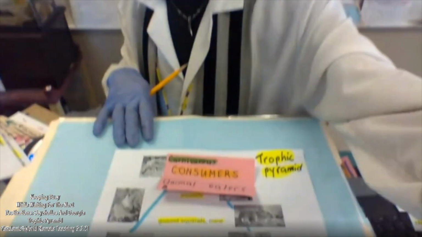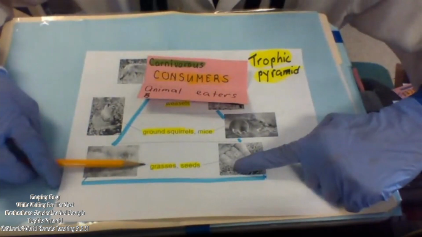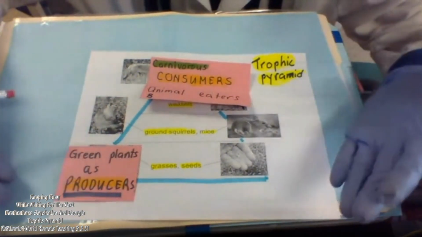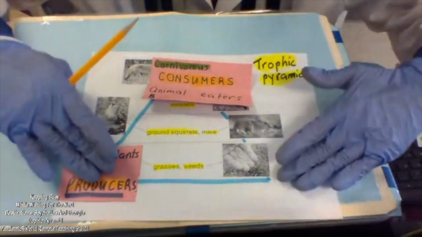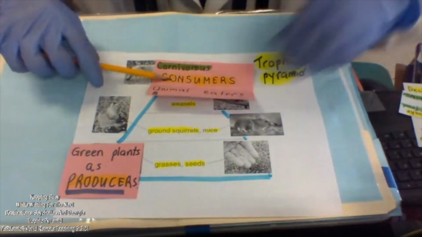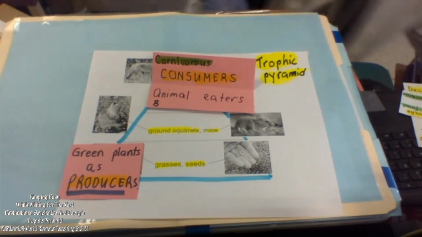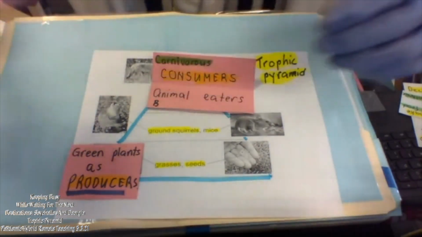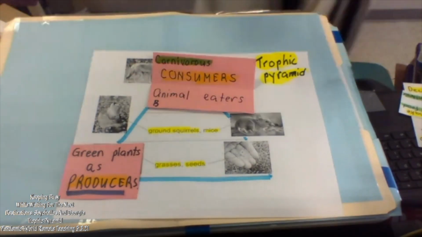All right, I hope you know the question for that. Yeah, there are two as well here. And these two are the producers. They're still here as well, but they are not producers. They are consumers. They are consumers that eat plant only. Hold on, let me see. Where is the other label I have?